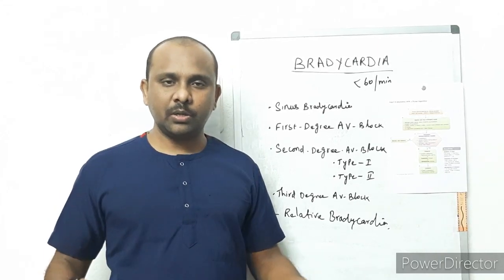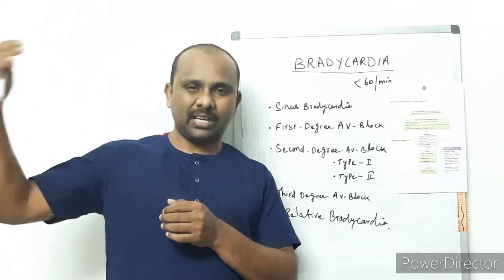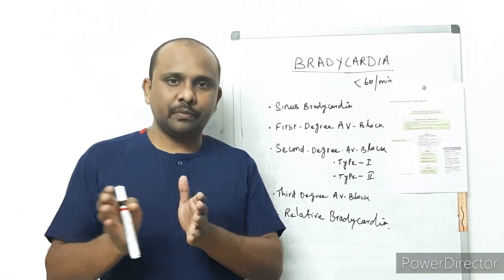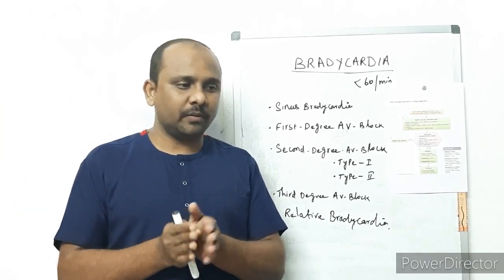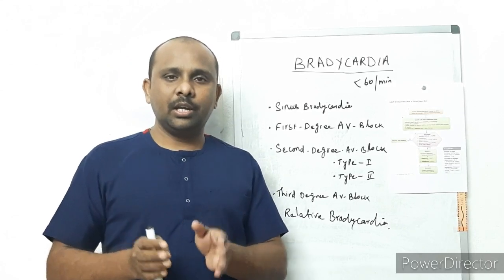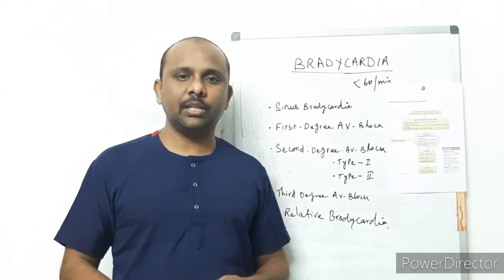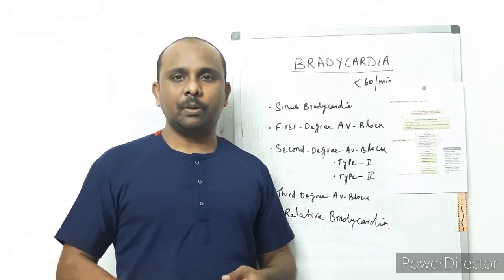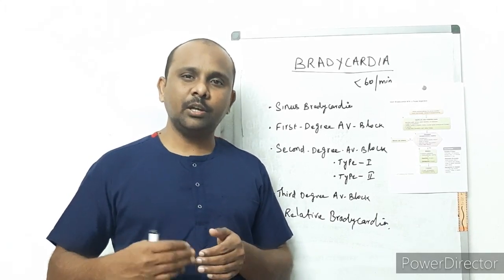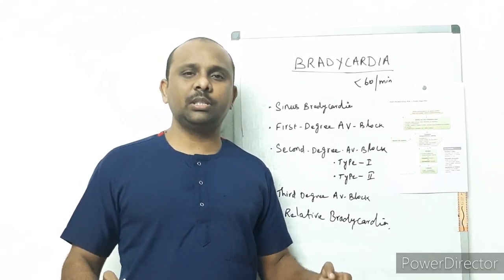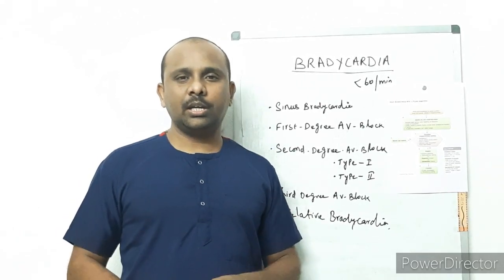The physiological response of the heart rate should be tachycardic, more than 100. In that situation, you are facing a heart rate of 60 or 70. It seems to be normal when you measure it with the ECG criteria, the heart rate will be normal, but it is inappropriate for the clinical condition. So that term is known as relative bradycardia, right?